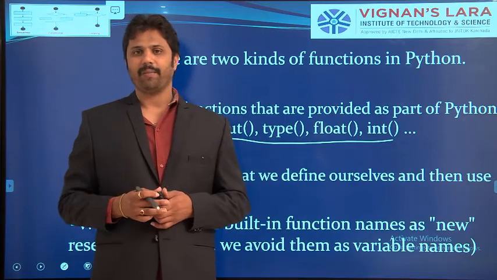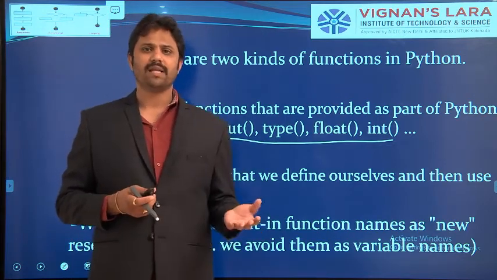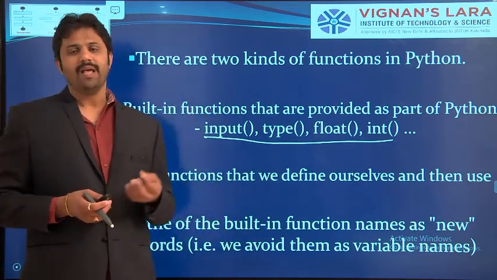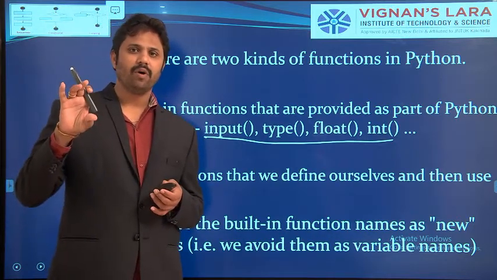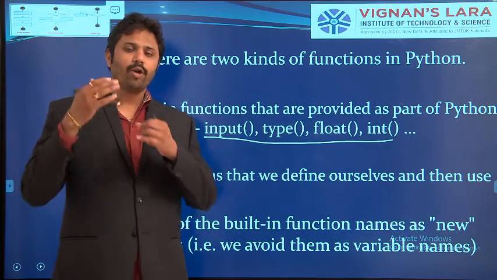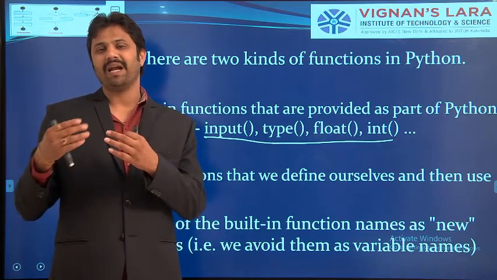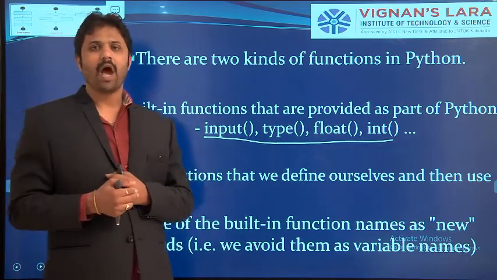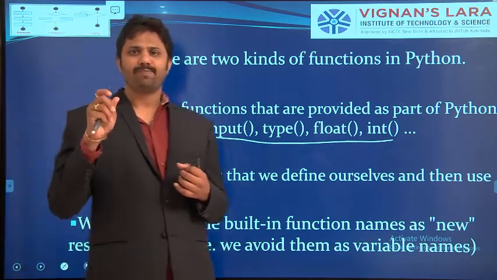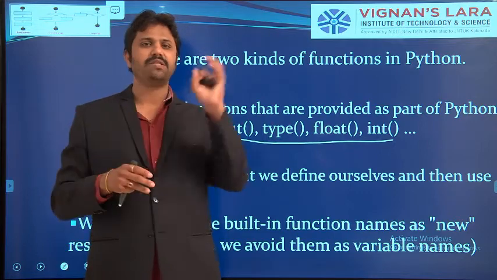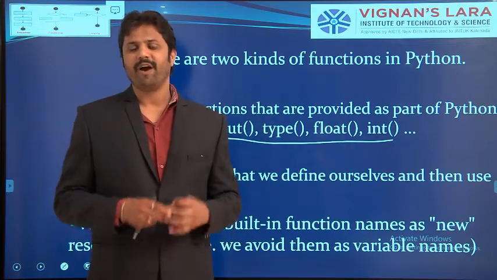We have to define them. Before we discuss that, what is the need of a function? For example, if you have a set of multiple statements and you are going to reuse them multiple times in a program or in a project, we have to specify those statements under a unique name, a function name.